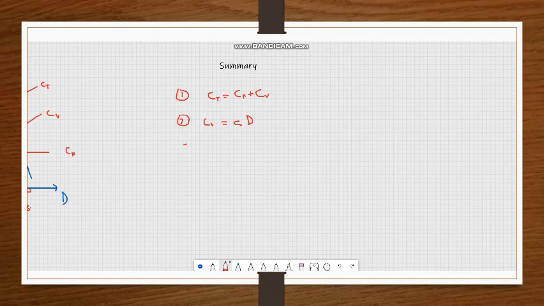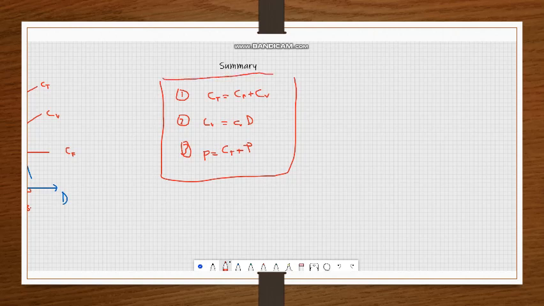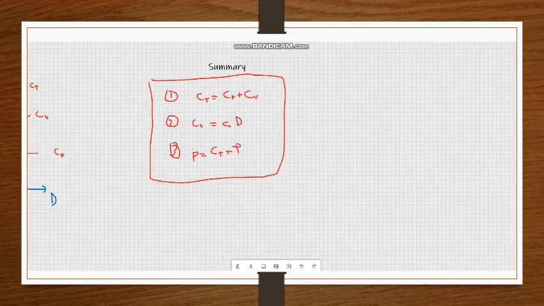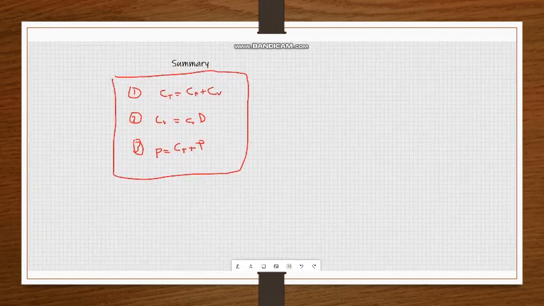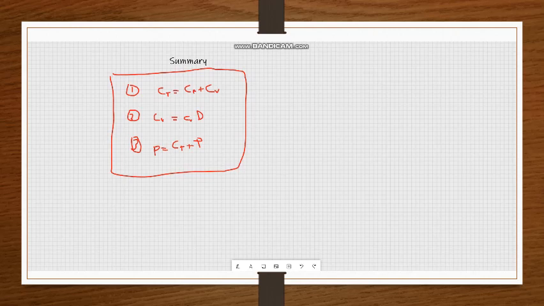And the third formula is, as we see, price is equal to the total cost plus the profit. So in the first chapter, we have known just these three formulas in order to solve our problems. If it is quantitative, if it is qualitative definition questions, you guys need to know this subject. That's it. All right.